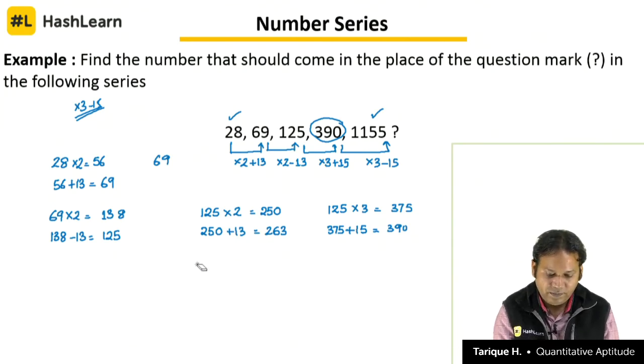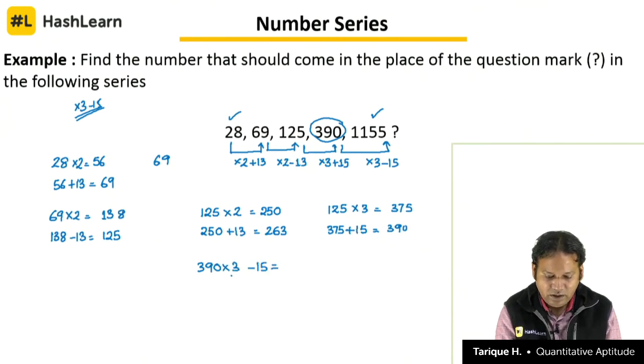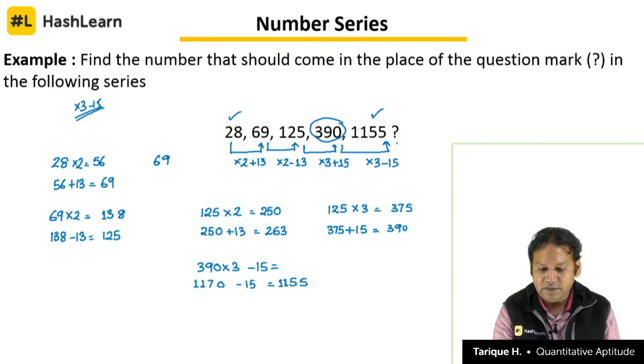First we are confirming 390 into 3 minus 15. We are seeing whether it gives you 1155 or not. You see 3, 9, 27, 2 in hand, 3 into 3 9 plus 2 11, 1170, and 1170 minus 15 gives you 1155. So definitely the series is correct, and now we have to find out the next number.